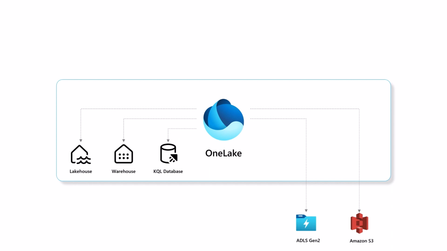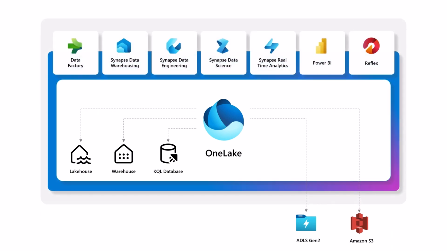Shortcuts can be accessed by any workload within Fabric. Create a shortcut in your lakehouse, then analyze your data through a Spark notebook or the SQL endpoint. Open the default data set for your lakehouse and build a Power BI report that directly accesses data through your shortcut. Shortcuts can also be accessed by non-Fabric applications and services.